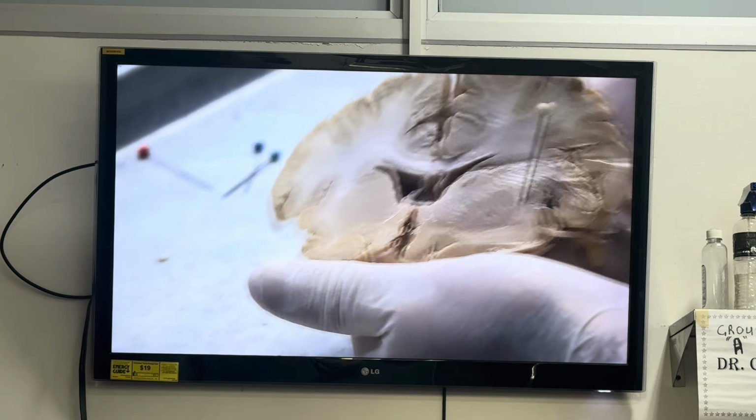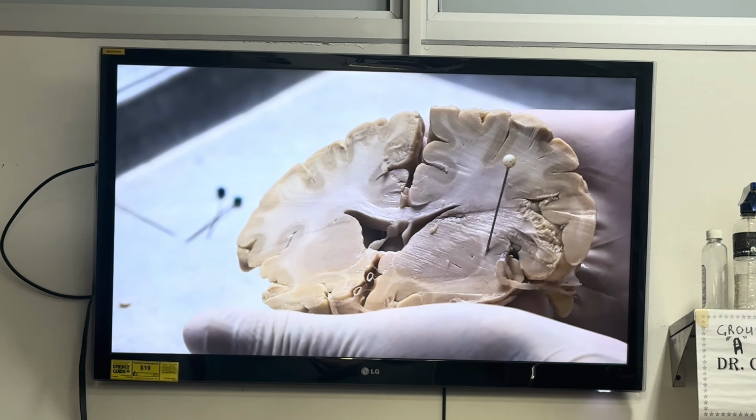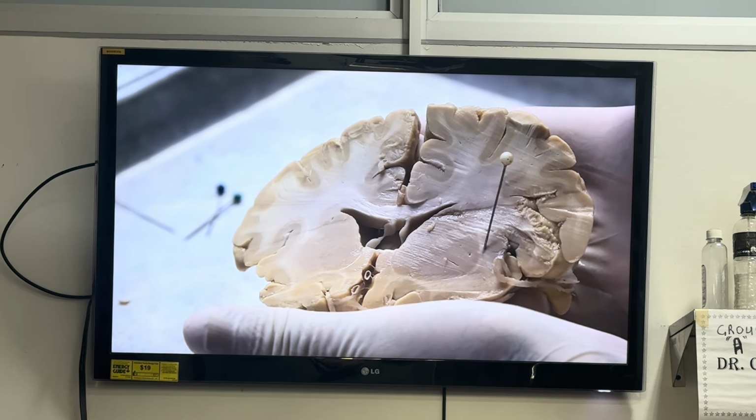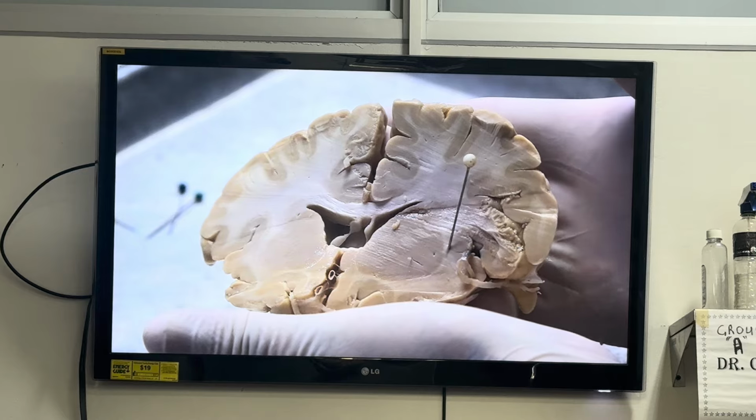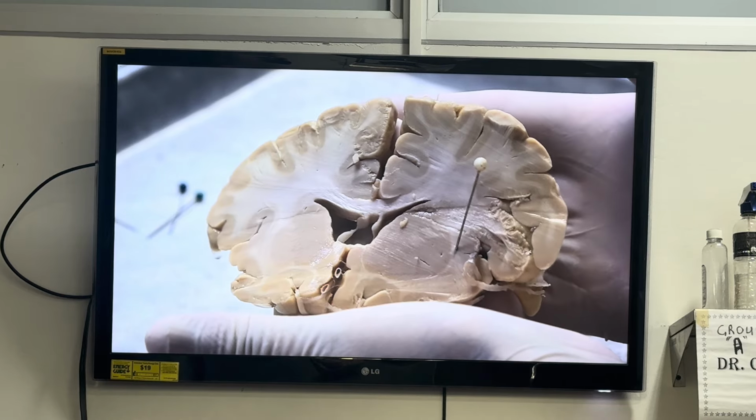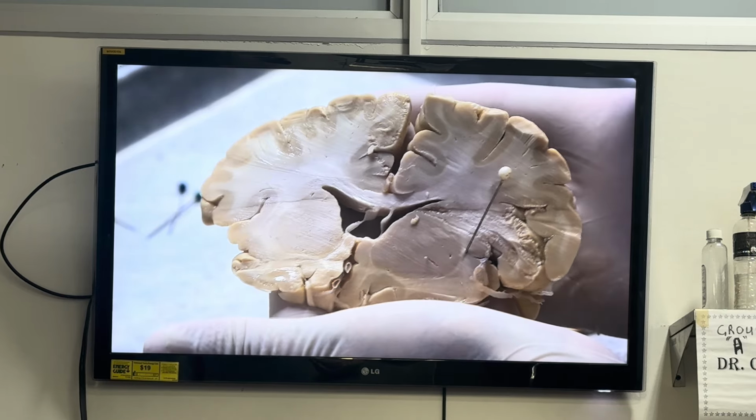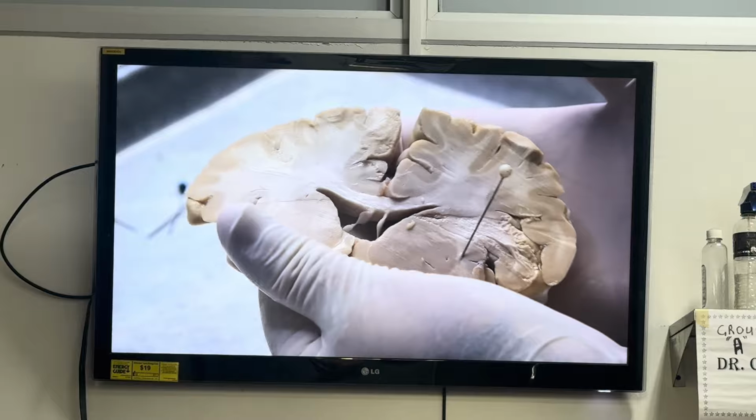What will be here? So you have the external capsule, but look where we are. Maybe it's better on the other side. See on the other side?